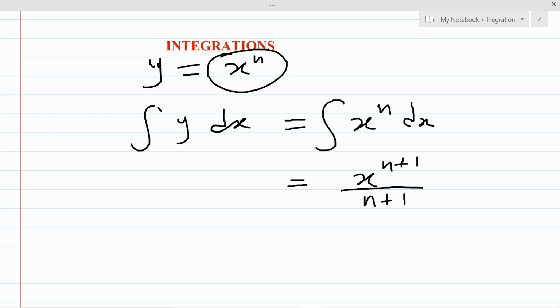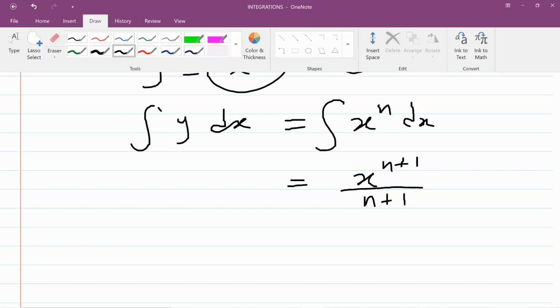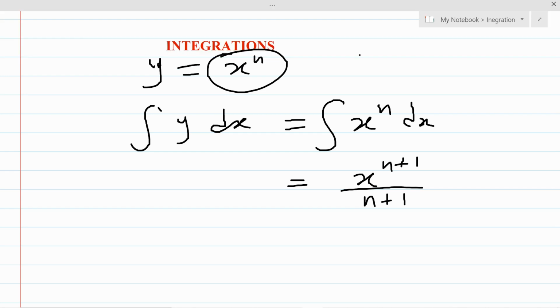We said in our video that if you differentiate a constant c, say y is equal to c, then dy dx is equal to 0.